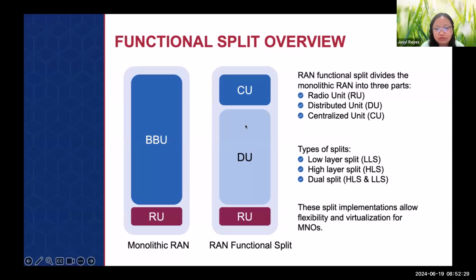If we divide the CU and then the DU and RU are integrated, so we have CU and then RU-DU, that's what they call the higher layer split. Because it's at the top. High layer split. And then if we split all the components, so they are really separate here, and separate here too, we have a dual split, considering both the high layer split and the low layer split.